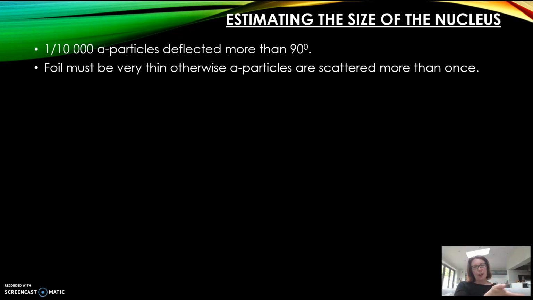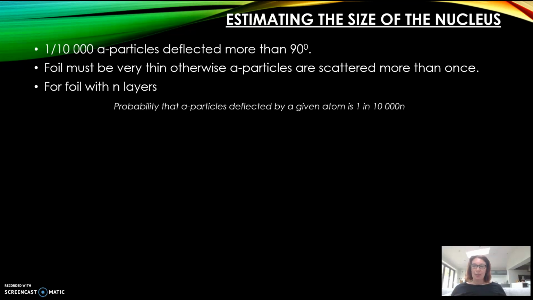third one, okay? So if you have a foil with n layers, so little n layers, the probability the alpha particle is deflected by a given atom, so one of those atoms, okay, would be 1 in 10,000 times n. Okay.